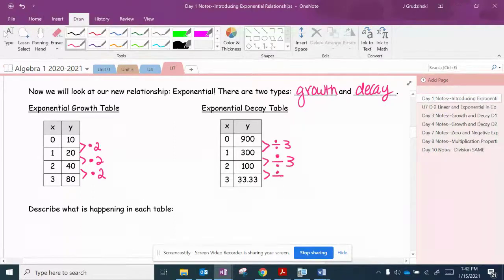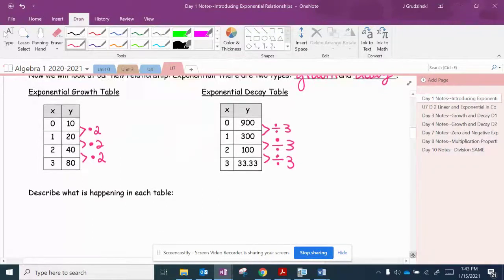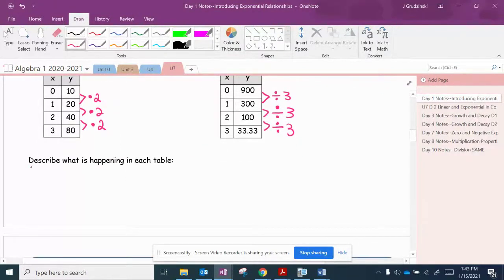So each type of operation has a different title, right? If we're adding the same number each time, it's increasing linear. If we're subtracting the same number each time, it's decreasing linear. If we're multiplying the same number each time, it's exponential growth. If we're dividing the same number each time, it's exponential decay.